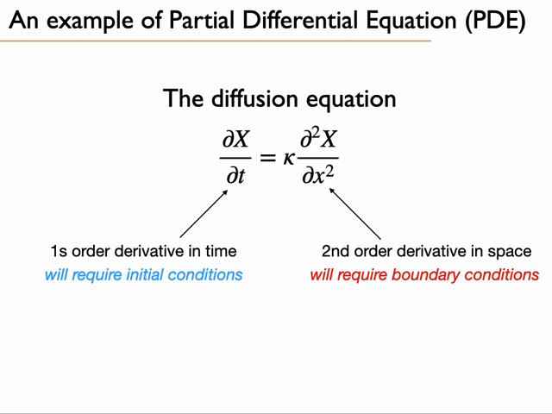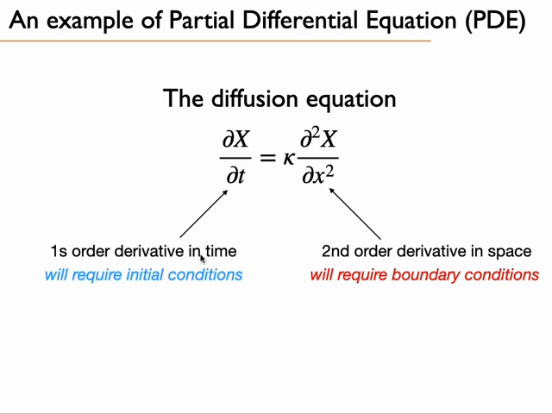So let's have a look again at this equation. We have the first derivative in time, and this is why we're going to need an initial condition. To compute the rate of a quantity, we need to know where we started from. This is the same as for the ordinary differential equation. To compute the evolution of a quantity of a radionuclide, we needed to know how much of it we had initially.